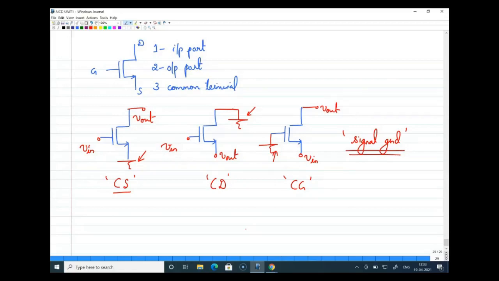It will be connected to DC voltage. As I mentioned before, for small signals, DC will be ground. That is why we call this ground. Again, for your common gate, the gate terminal can never be connected to ground. If it is not suitably biased, the transistor will not work. So when I mark it as ground, the meaning is it is signal ground. I hope this is clear.